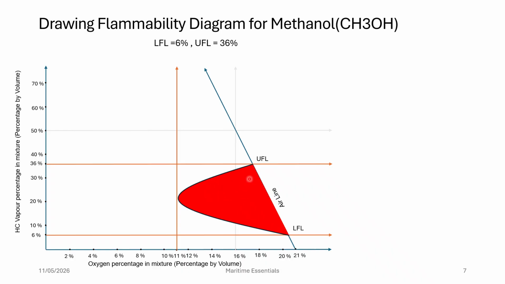Understood? That area we call the flammable envelope. Above that area is too rich to support combustion, and below that area is too lean to support combustion.